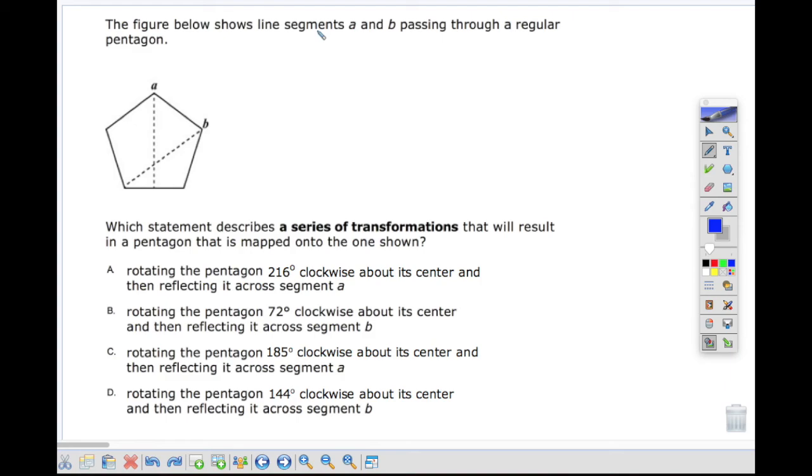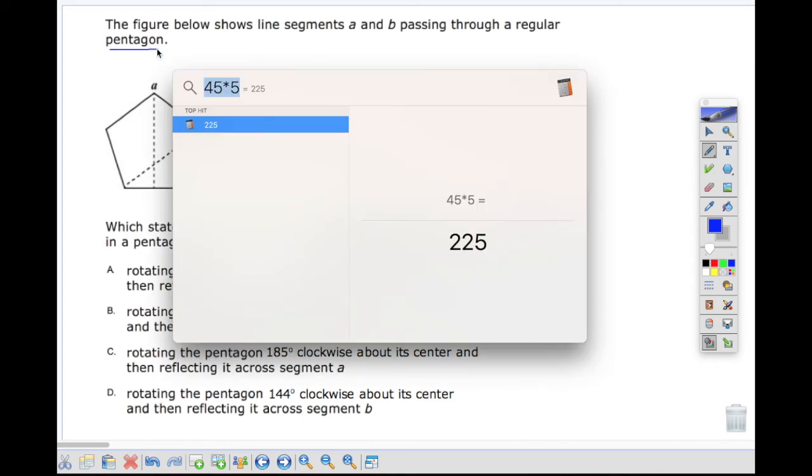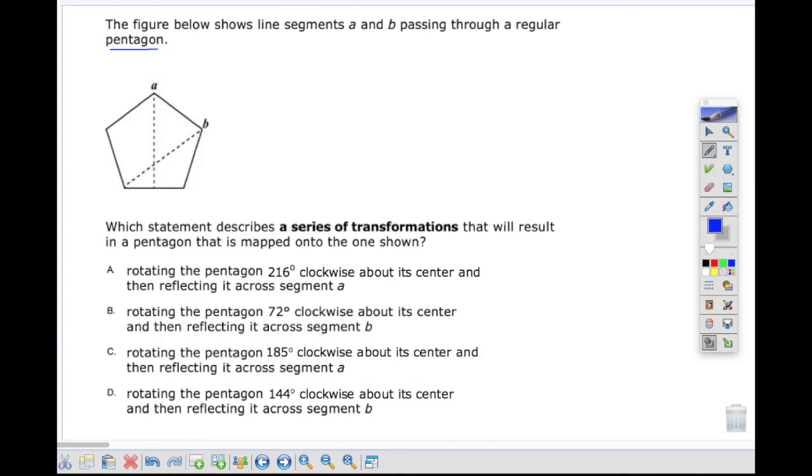How do we find the degree of rotational symmetry for a pentagon? We would need to take 360 degrees and divide it by the number of sides. Okay, so 72 degrees is the degree of rotational symmetry. That means if I rotated it 72 degrees, it would be back on top of itself.